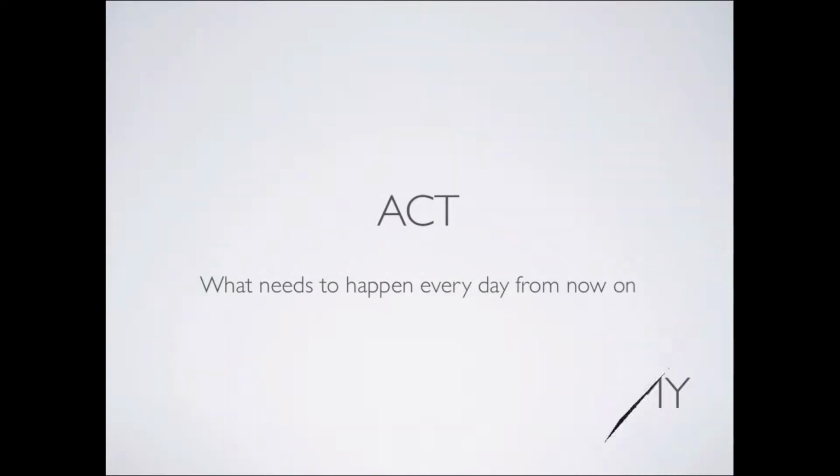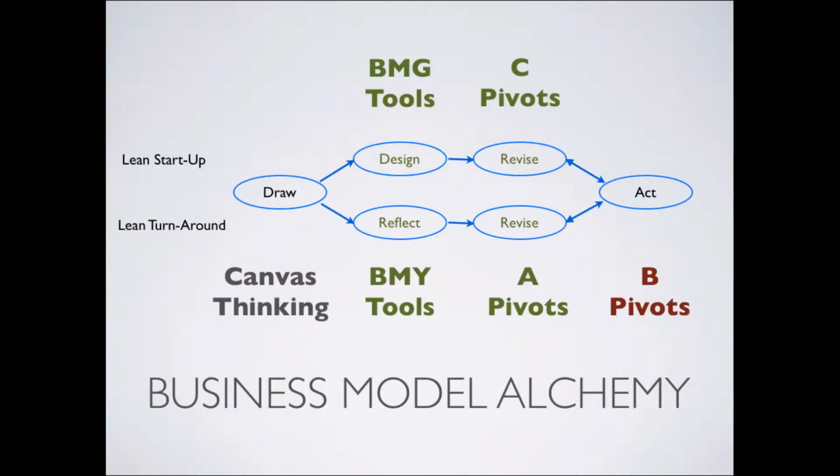This is on the ACT phase of the business development process where we will discuss what needs to happen every day from now on. At this point, we're pretty well down the business model alchemy process. We've started learning how to use a business model canvas to draw the business.